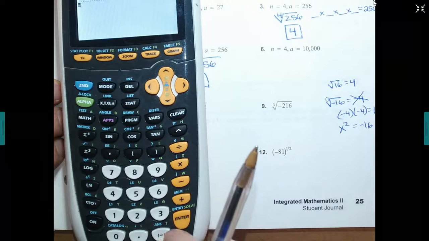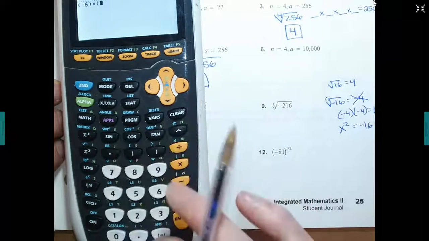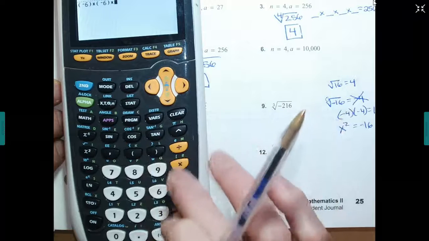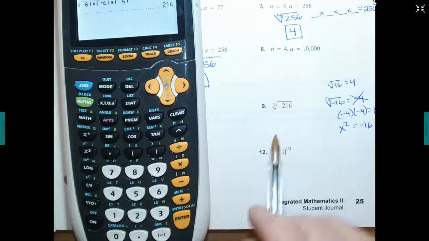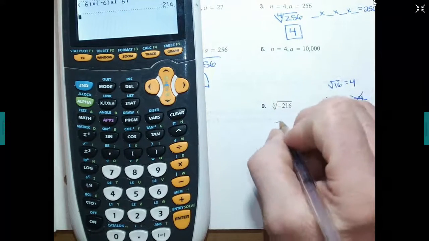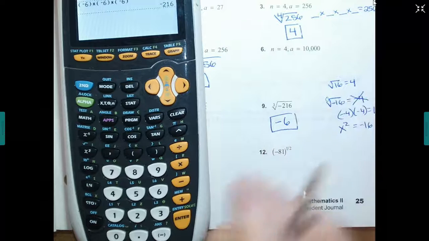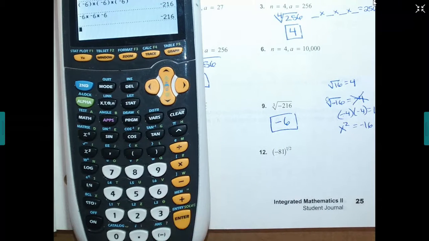So negative 6 times negative 6 times negative 6. Oh, look at that. Negative 216. So I have negative 6. What if I put negative 6 times negative 6 times negative 6? Oh, that worked too.